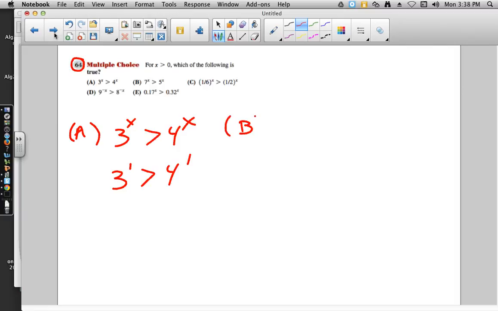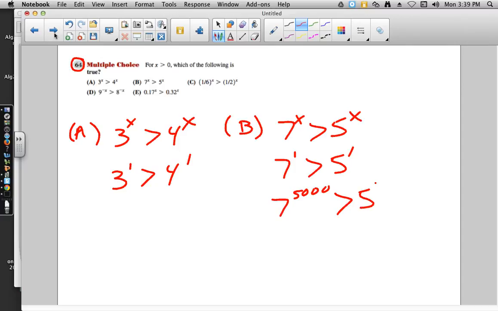B, we have 7 to the x is greater than 5 to the x. And you should be thinking right away, well, of course that's going to be true. If they're both 1s, that's going to be true. If they're both 5,000, that's going to be true because you're starting with a bigger base. So this is B. Why not C? Because those are fractions.